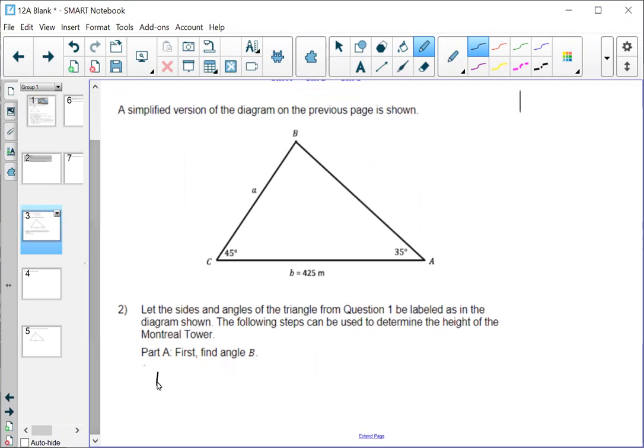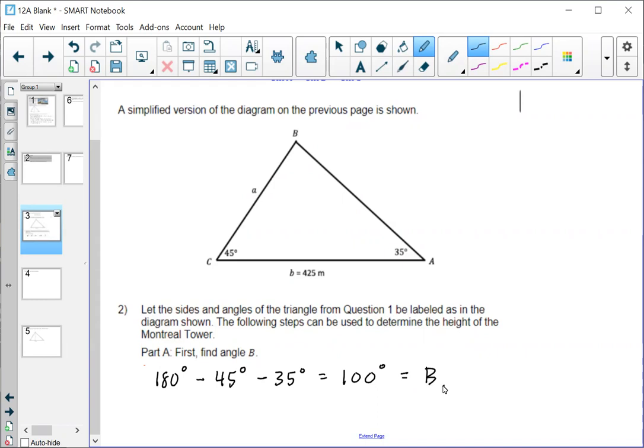We can start with 180 degrees, and we see that angle C is 45 degrees. We can subtract that out, and we can subtract angle A, which is 35 degrees. And when we do the subtraction, we get 100 degrees. And that's our angle B.